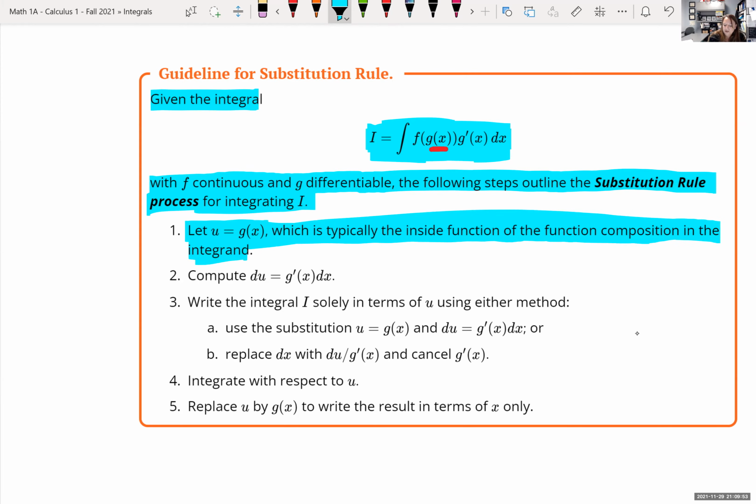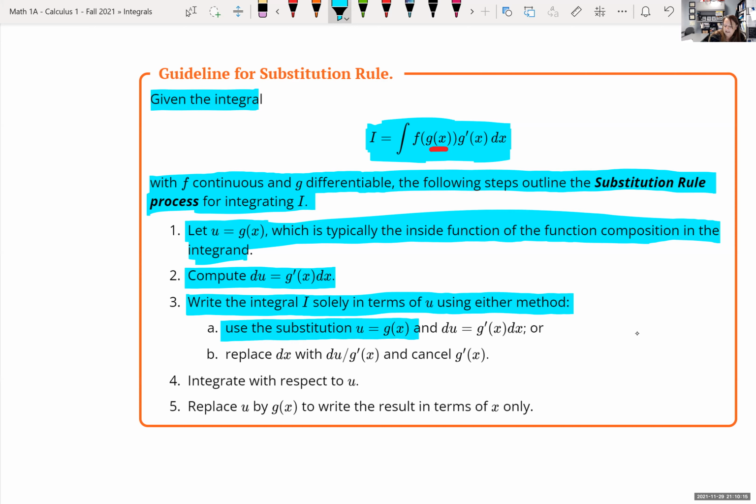Okay. So once we figure out what we're going to choose u to be, you're going to compute du equals g prime of x dx. So you're going to take the derivative of both sides of our equation. Once we've done that, we're going to write our integral I solely in terms of u using either method. So we're going to substitute u equals g of x, du equals g prime of x dx, or replace dx with du over g prime of x and cancel g prime of x.